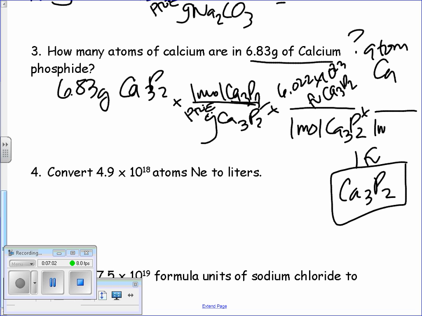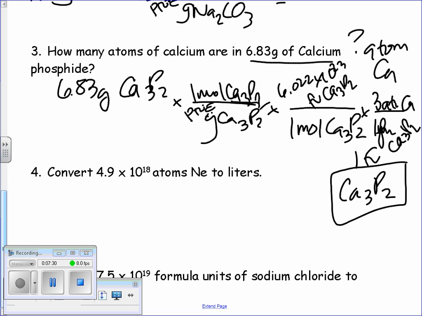So 1 formula unit contains 3 atoms of calcium, yep, that one. So that one went from grams to moles to formula units to atoms from that formula unit.